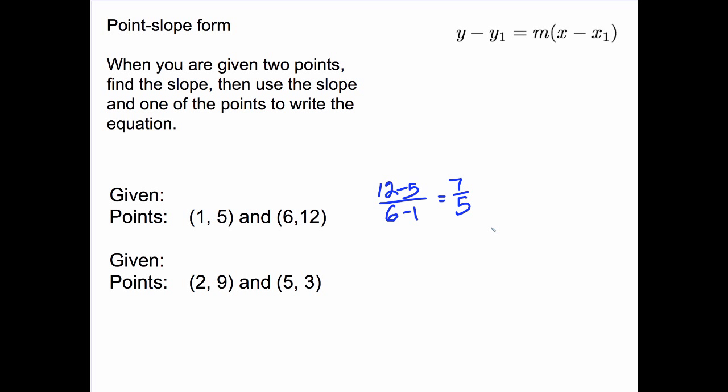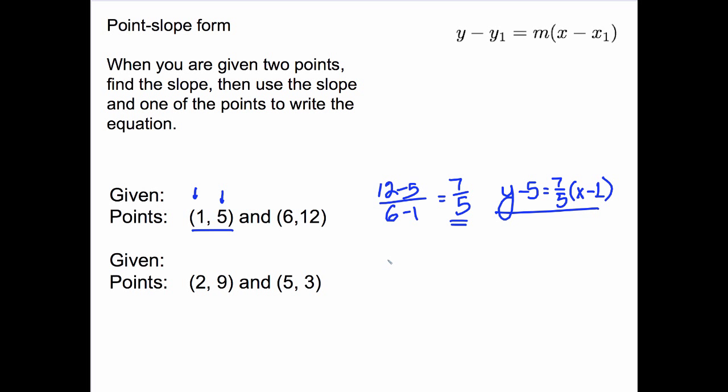So there's the slope, 7/5. And then we use one of the points and this slope to write the equation. So it's going to be y minus y1, which is 5, equals the slope, 7/5, times (x minus x1), which in this case is 1. And there's the equation.